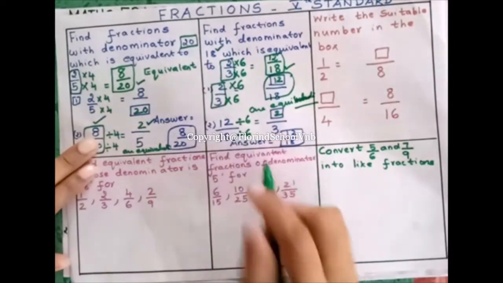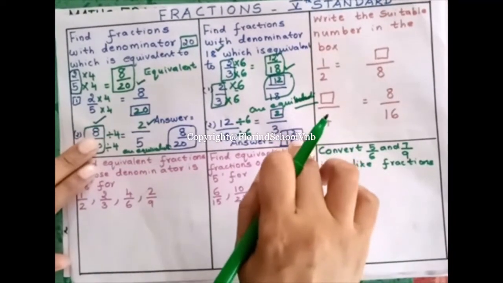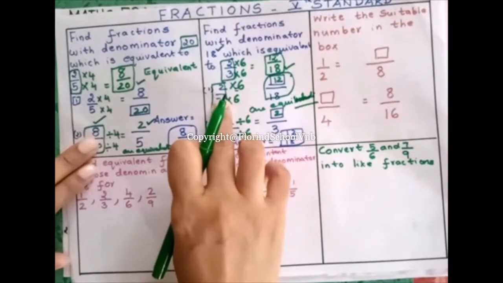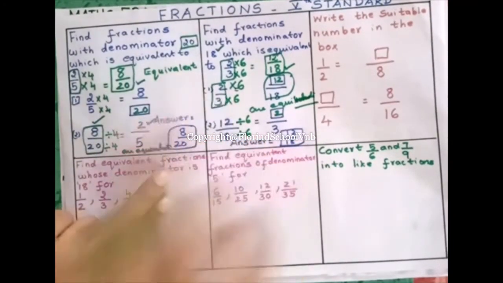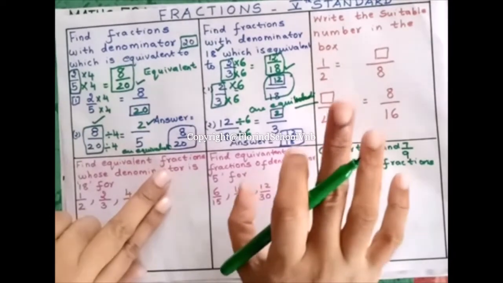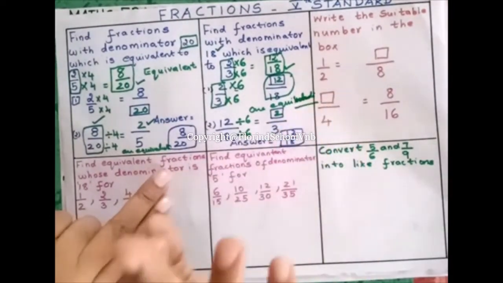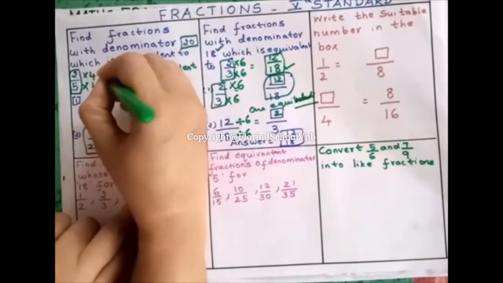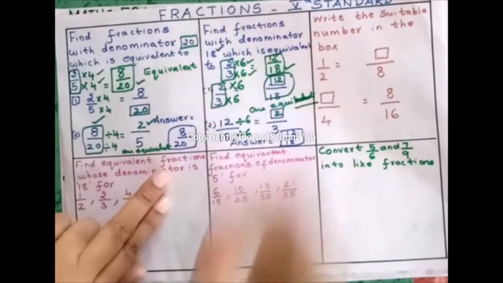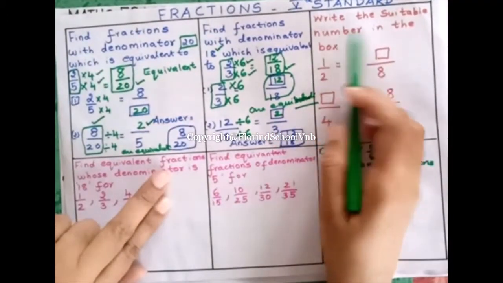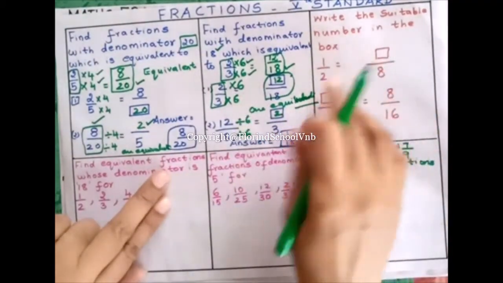So 12 by 18 is equivalent to 2 by 3. So for equivalent fractions, always multiply the denominator and the numerator by the same number. Now, write the suitable number in the box.